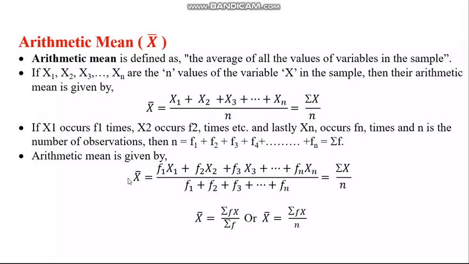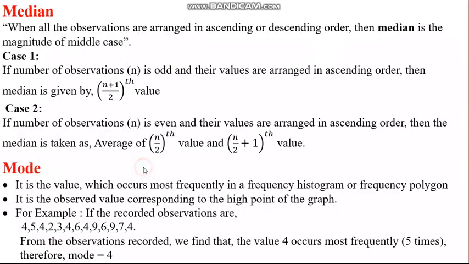This is sigma f. In that case, the arithmetic mean x bar can be given as f1 x1 plus f2 x2 plus f3 x3 so on to fn xn, divided by f1 plus f2 plus f3 so on to fn. Otherwise it can be mathematically shown as sigma fx upon sigma f, or sigma fx upon n. Like this you can give the mean mathematically.